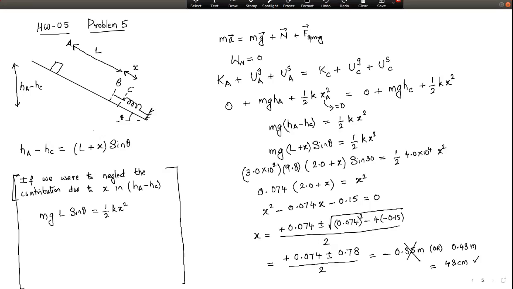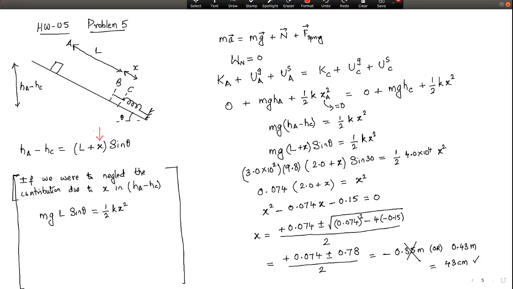So basically what's happening here is that you're dropping this term in the red. And that would make life a lot easier.